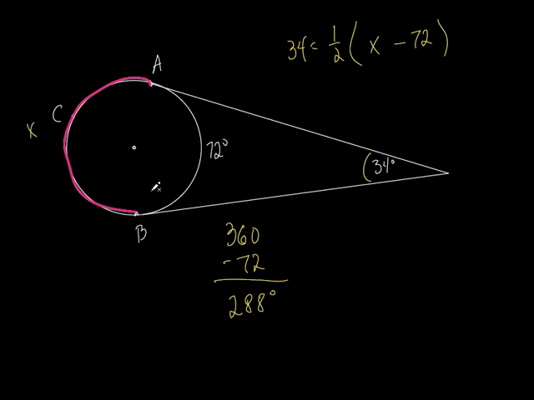I think they're making the assumption that it's a circle, because we don't know anything about ovals, do we? We haven't. So let's just see what we get. Multiplied by 2, that's 68. Add 72, and that's 140. Yeah, I've got to think about this.